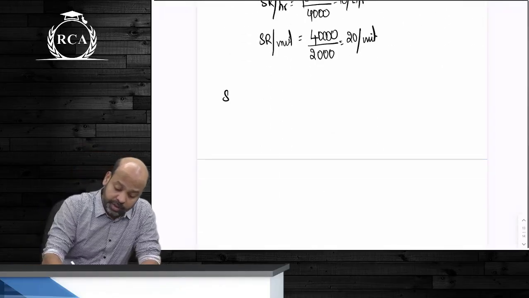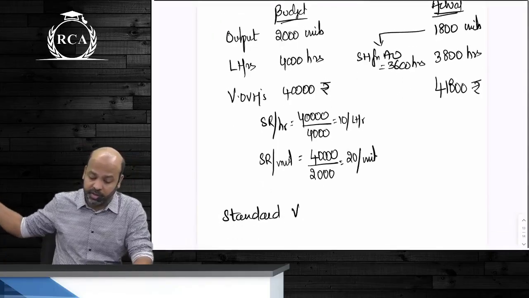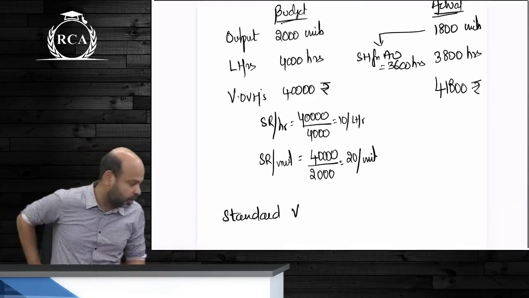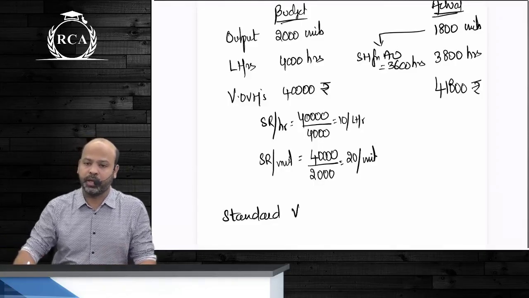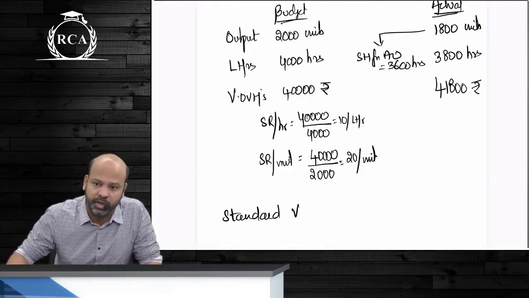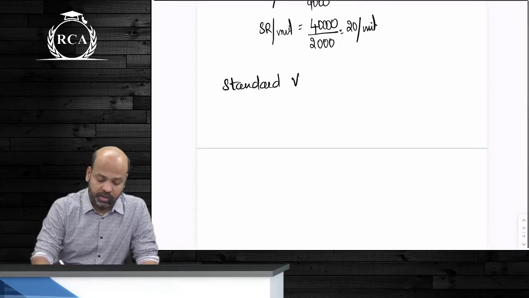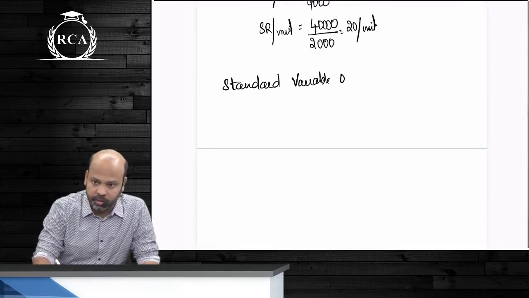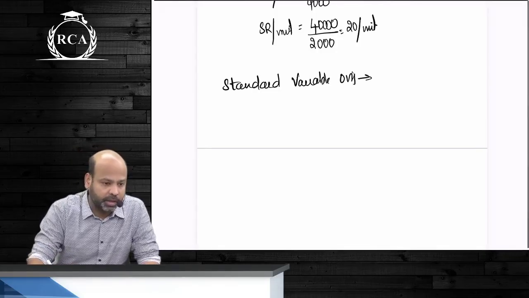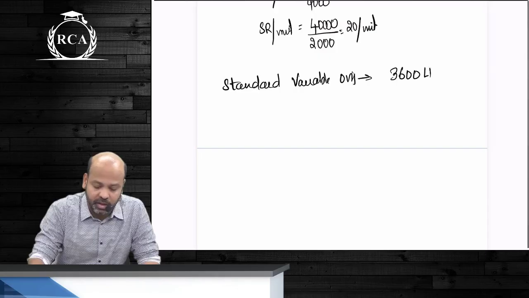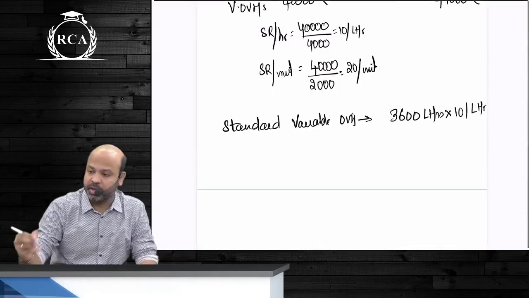So, these standard variable overheads, are you all following? From where did I get 3600 hours? Per unit, how many hours were you supposed to take? 2 hours per unit. That 2 hours per unit multiplied by 1800 units gives standard hours for actual output, 3600 hours. So standard variable overheads, if based on labor hours, will be 3600 labor hours multiplied by 10 rupees per labor hour, and not 3800.